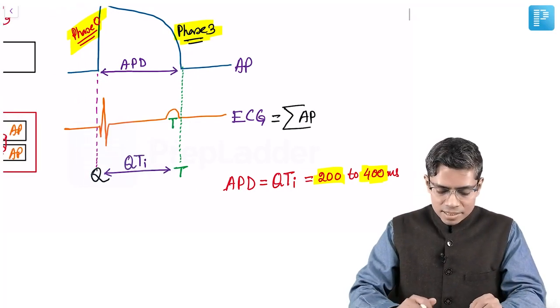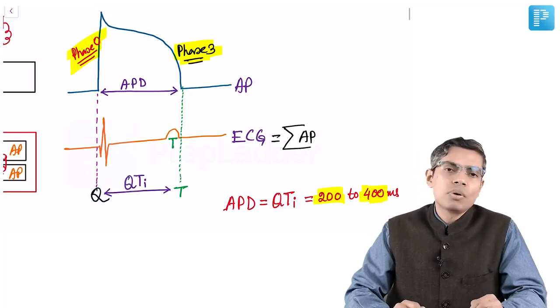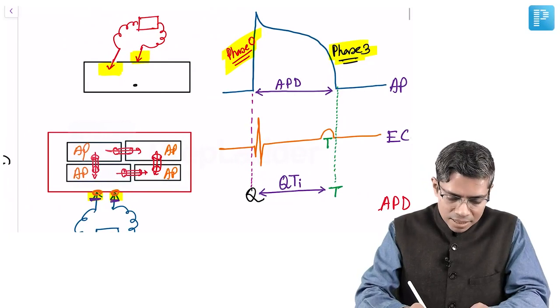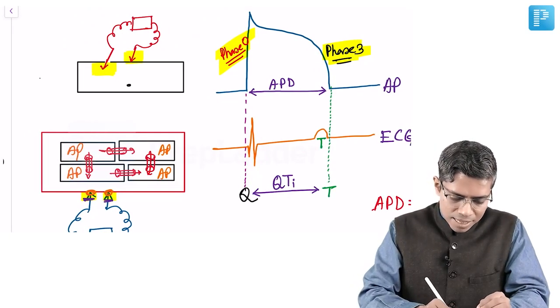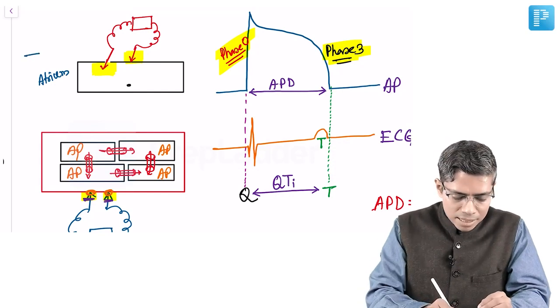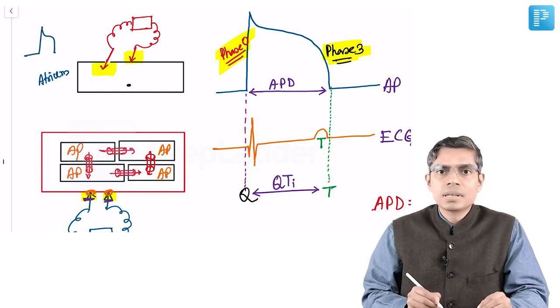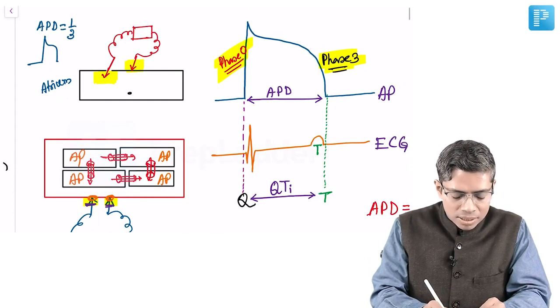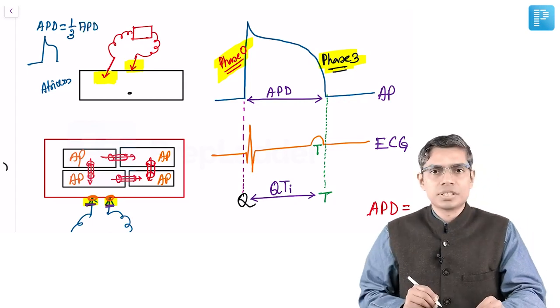Now you may be thinking, sir, you are talking about the QRS complex. What about the P wave? If you take this from atrial muscle rather than ventricular muscle, again you are going to get an action potential like this. But the duration of this action potential in atrial muscle is only one third of the ventricular muscle action potential duration.